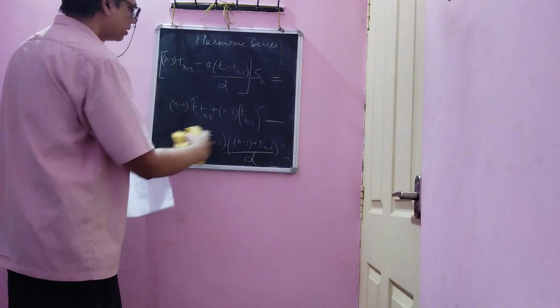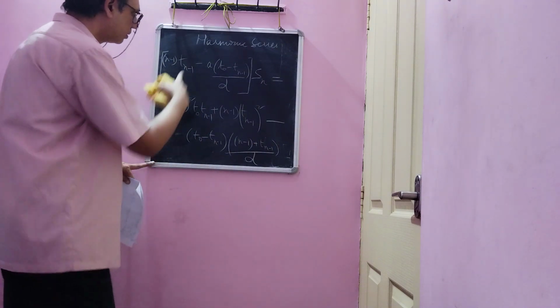Which gives us that Sn is nothing but the ratio of the right hand side by this factor.